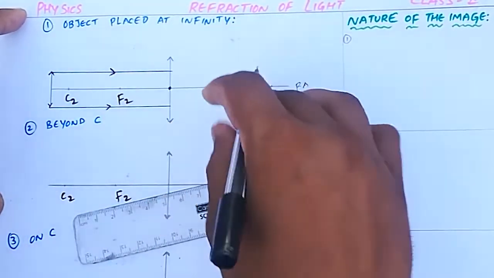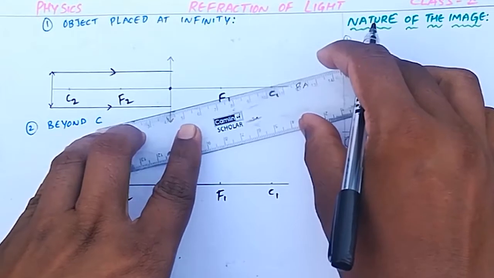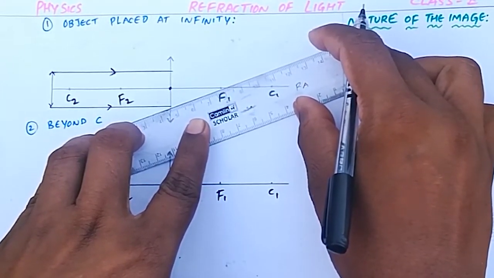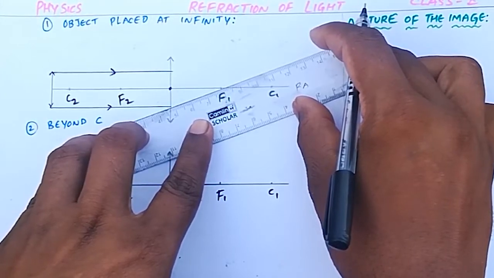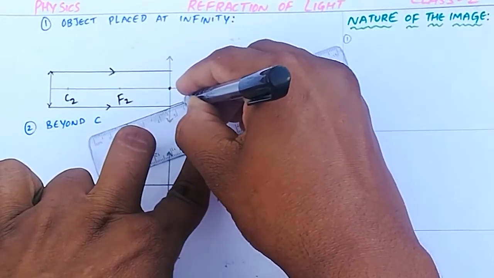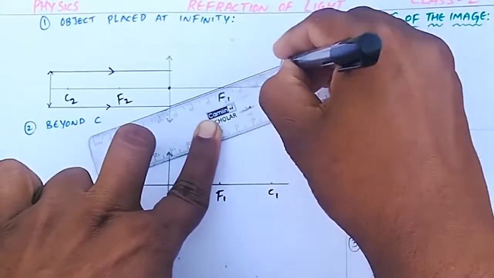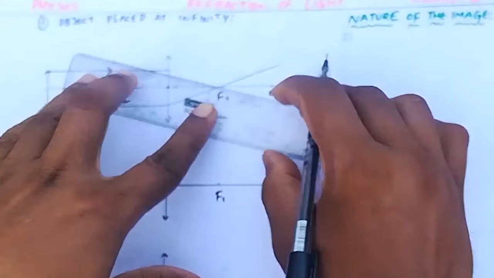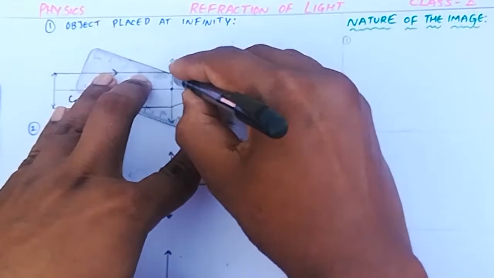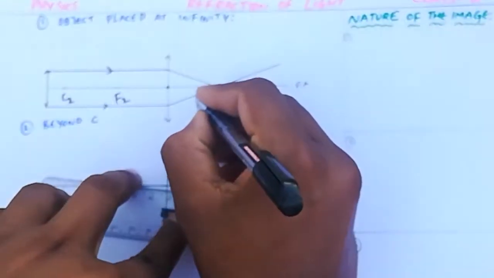The rays are parallel to the principal axis, and as soon as the rays meet the lens, they will converge towards the focal point. Why? Because convex means converging lens, so these will be converged.